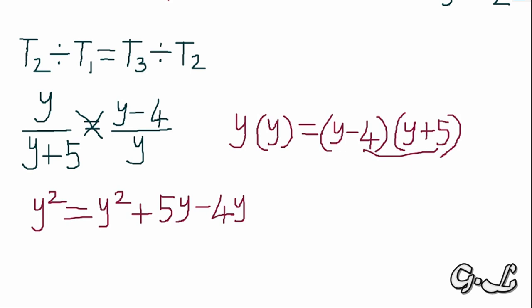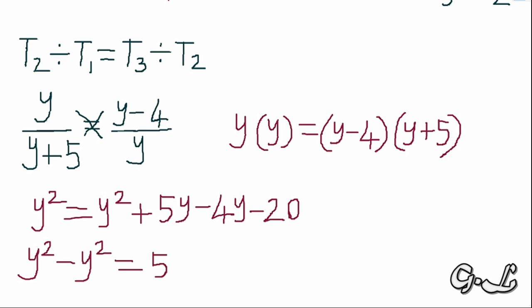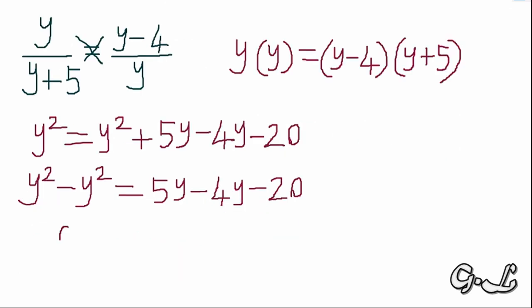So that's what we're going to write. And then we can collect the like terms. On the left hand side, we bring in Y squared, so it will be Y squared minus Y squared is equal to 5Y minus 4Y minus 20. These are like terms, so we can easily subtract, and in such a case it will be 0.